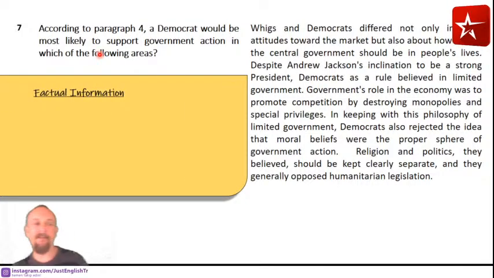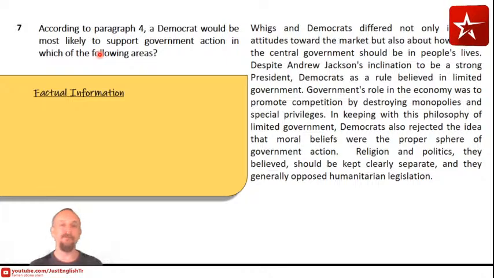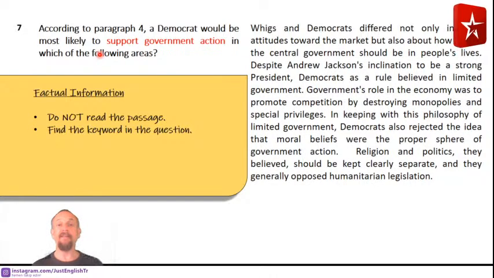So we'll do this together then. We've got factual information. We know that we shouldn't read this reading passage. We're going to find the keywords in the question, which are support government action. We're going to quickly look down here. Support. Okay, so we don't have support there.